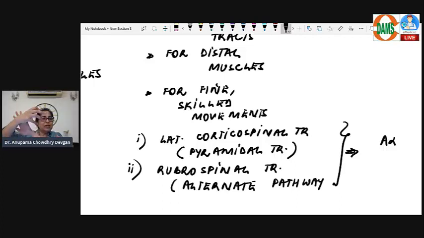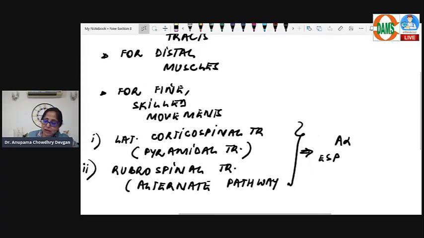Flexors of the elbow, flexors of the wrist, small muscles of the hand. So these tracts control the flexors, mainly of the upper limb.